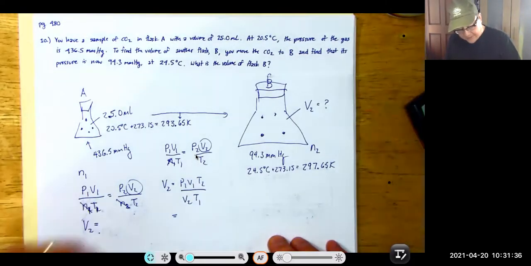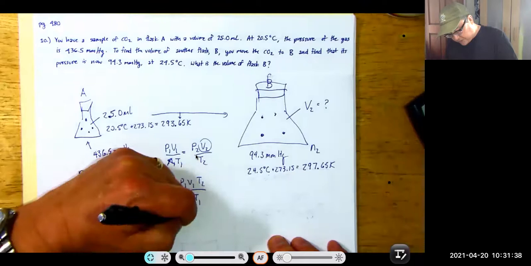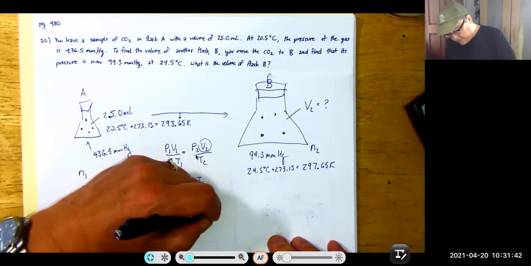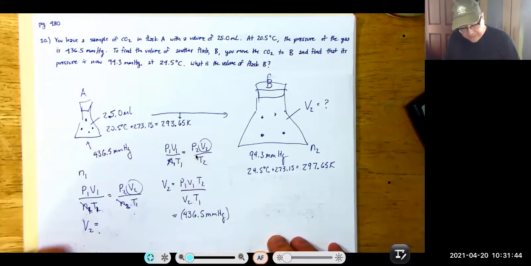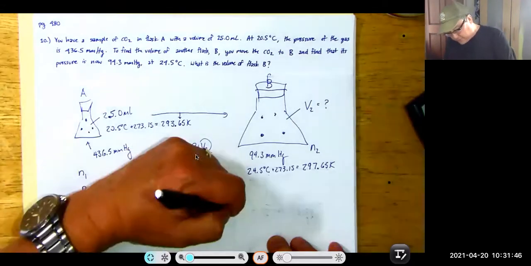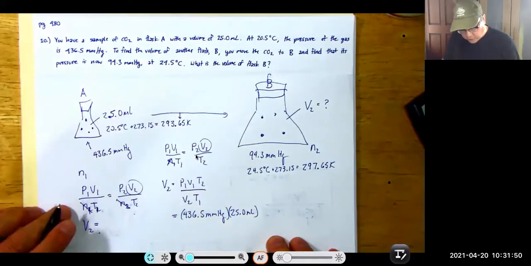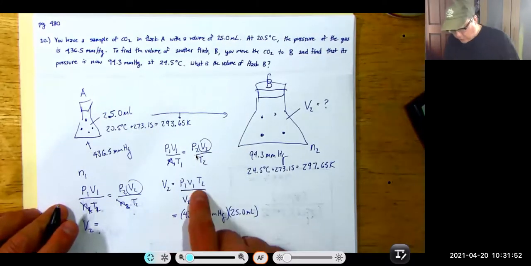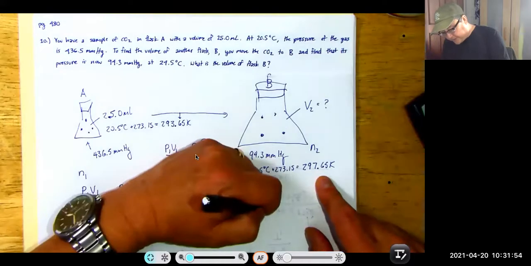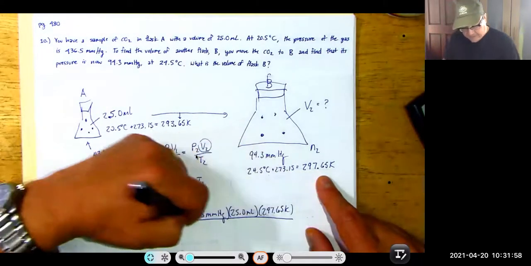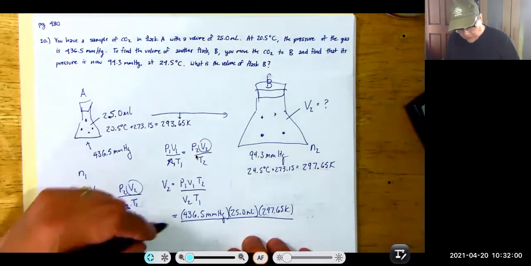So P1 is 436.5 millimeters of mercury. V1 is 25 milliliters. T2, not T1, T2 is 297.65 K. V2 is what we want.